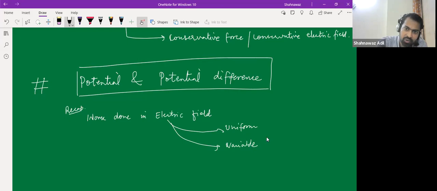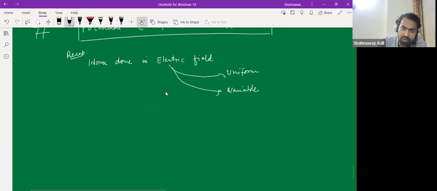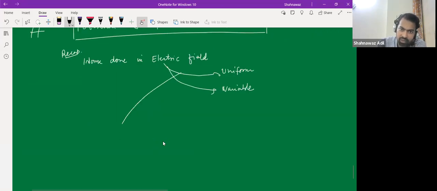So for uniform, we found out that the work done in bringing a charge from initial point to final point was what? Aisha, this was what? Minus QE, yes, absolutely, times r final minus r initial.